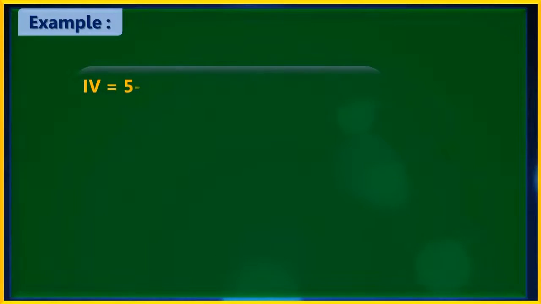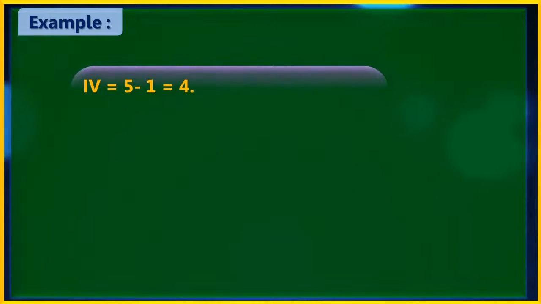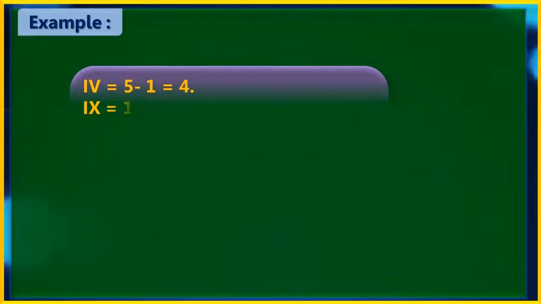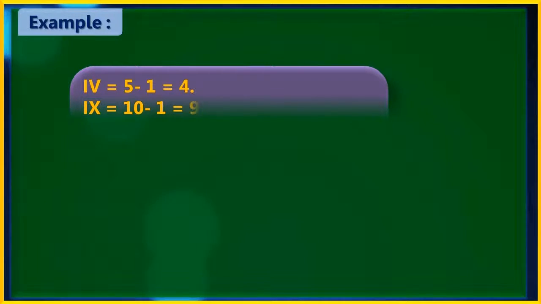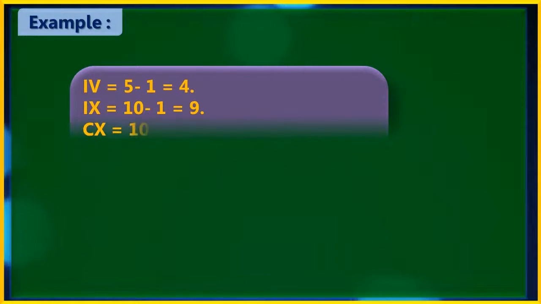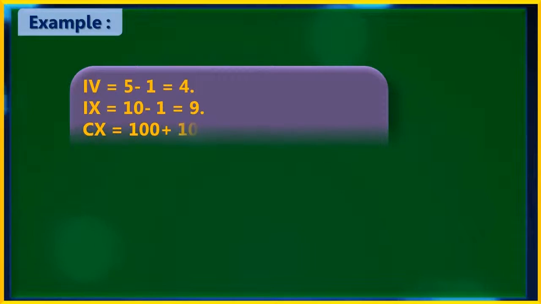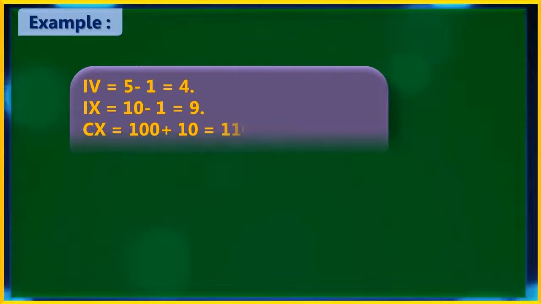For example, the Roman numeral IV is equal to 5 minus 1, which is equal to 4. The Roman numeral IX is equal to 10 minus 1, which is equal to 9. The Roman numeral CX is equal to 100 plus 10, which is equal to 110.